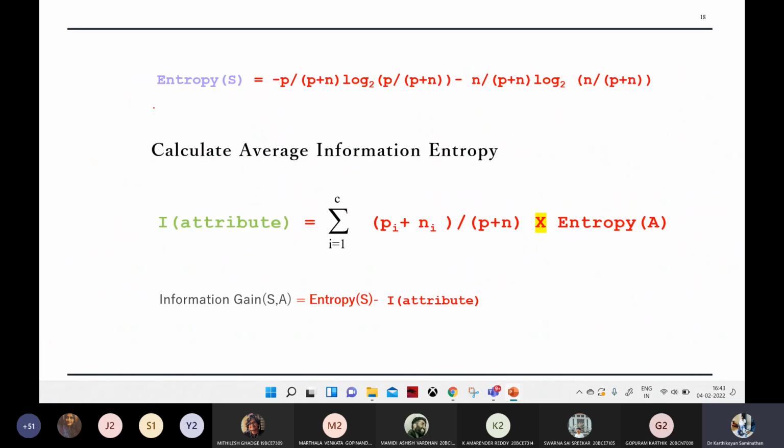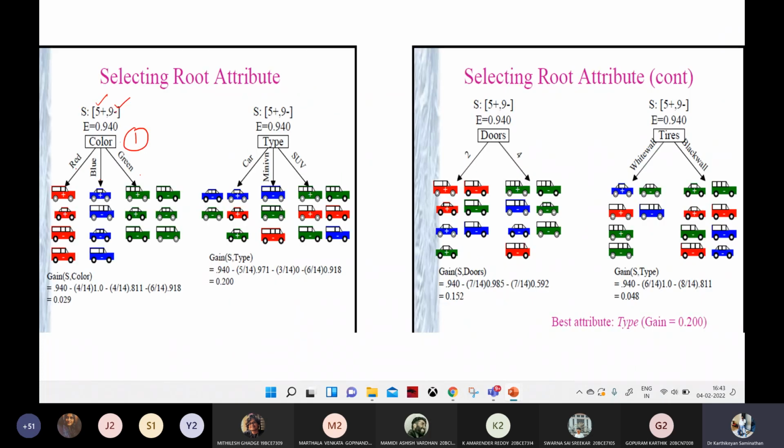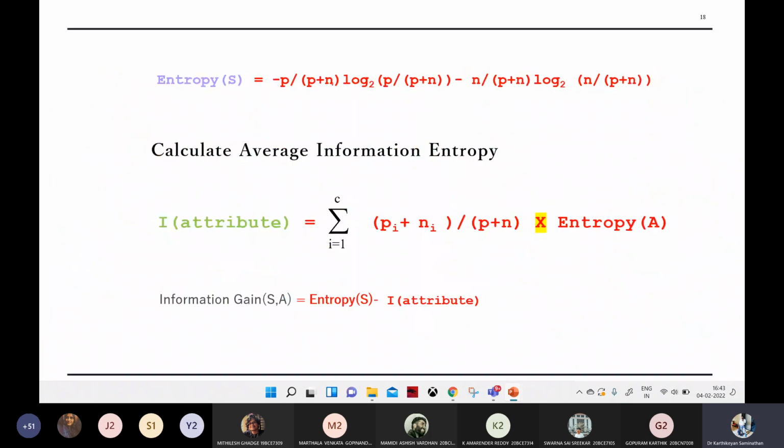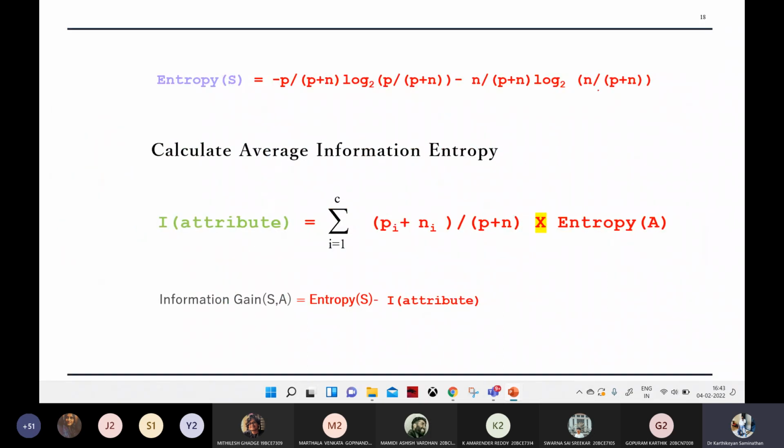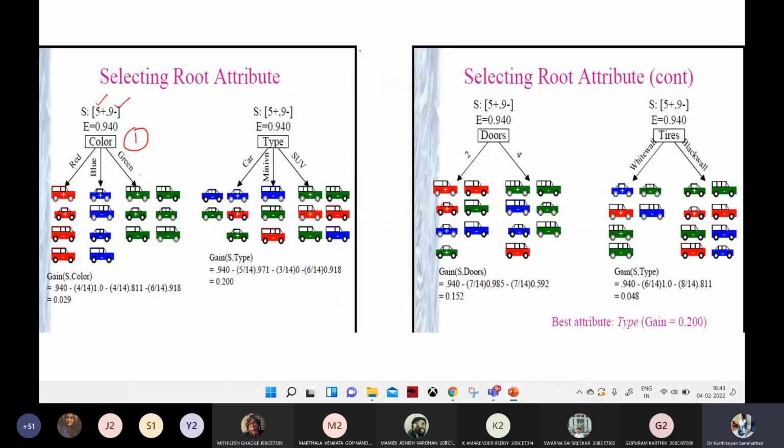So if you calculate the entropy, it is minus 5 by 14 log of 5 by 14 minus 9 by 14 log of 9 by 14. So you will get the answer 0.940. That is your first entropy value.